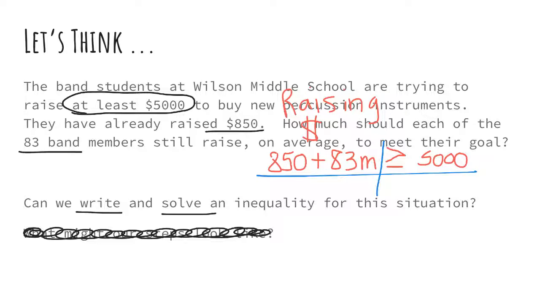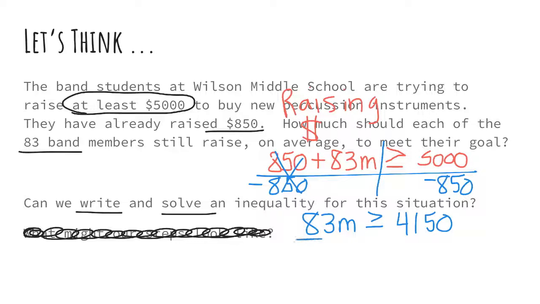So let's think through this. I think we should probably take off the $850 that they've already raised. And that will leave $83 for every member on this side, the left side. I'm not going to change my sign. And if you take your 5,000 minus the 850 that they already had, that leaves 4,150.